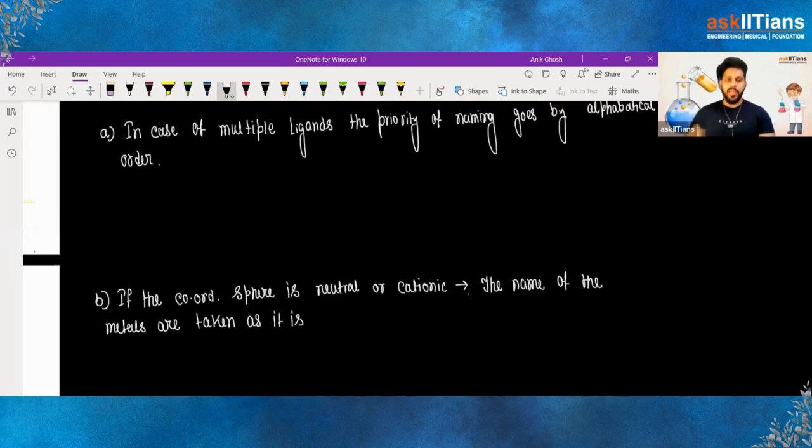That means if you have iron, you call it iron. If you have platinum, you call it platinum. If you have silver, you call it silver, as it is. Now I am mentioning that.